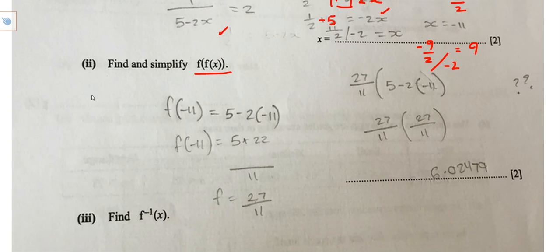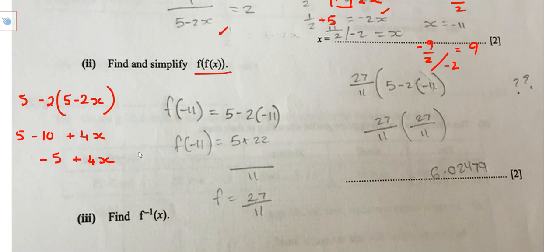So what we would have had to do here is 5 minus 2x, and then that would become the x, and it would be 5 minus 2x in this case. So then we'd have 5 minus 10 plus 4x, so that's minus 5 plus 4x. So that's how I read that, find f of x, rather than put the number in.